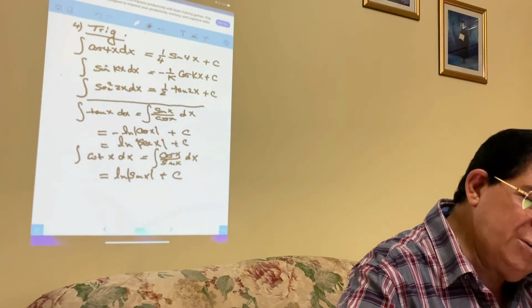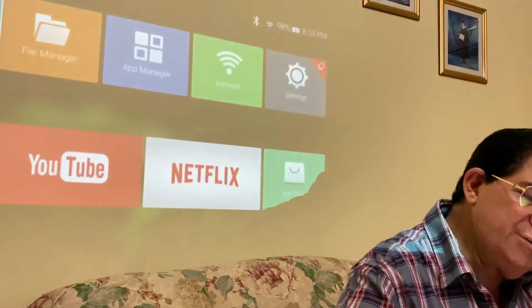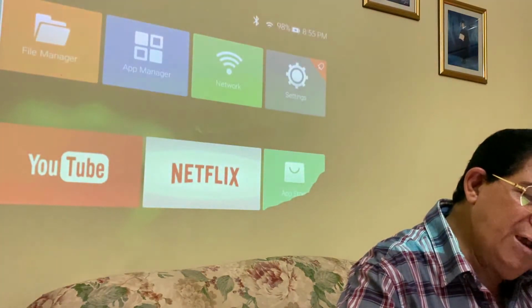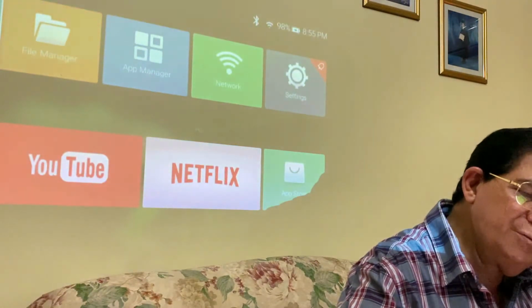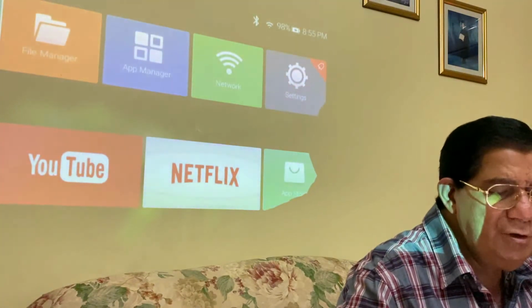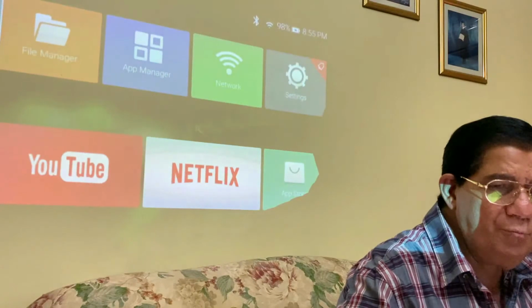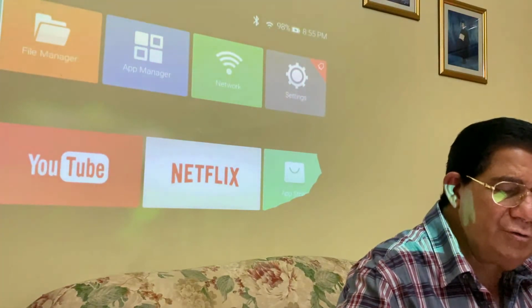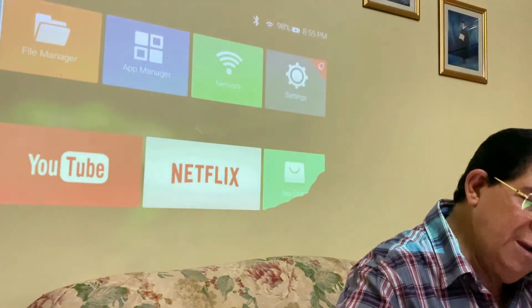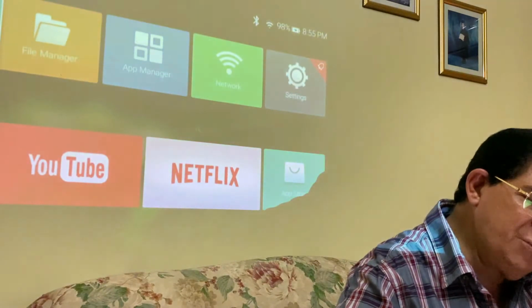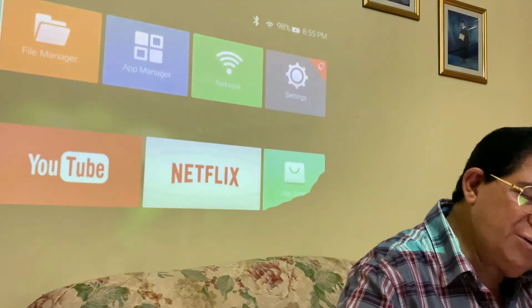We convert tan square into sec square x minus 1 dx, because we know that sec square is 1 plus tan square, so tan square is sec square minus 1. Integrating gives tan x minus x plus c.